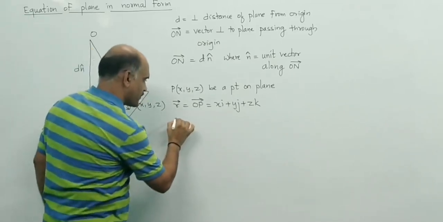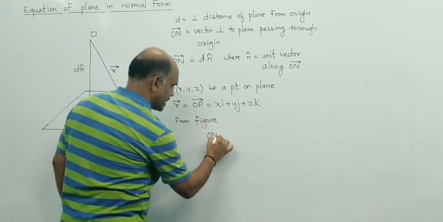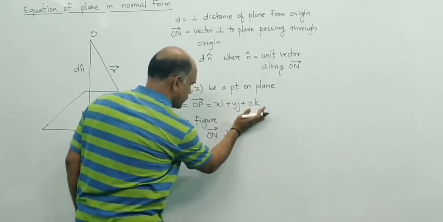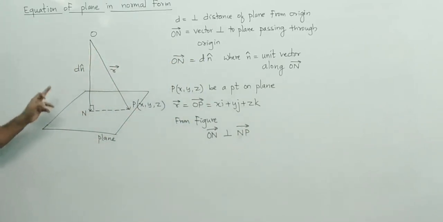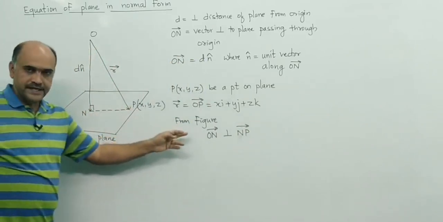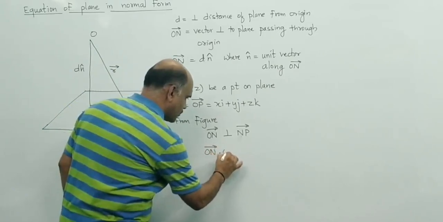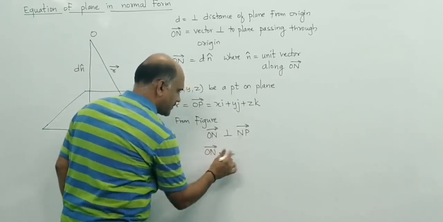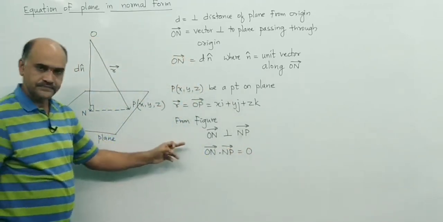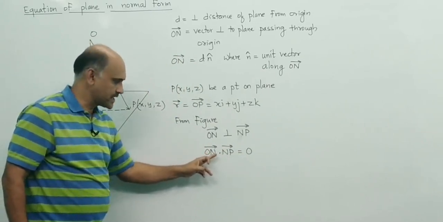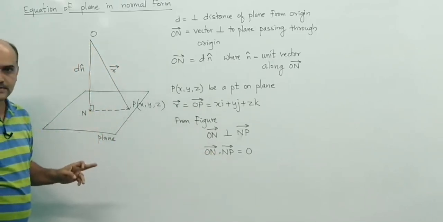So from the figure, ON is perpendicular to NP. The condition for two vectors to be perpendicular is that the dot product is 0. So ON dot NP is equal to 0.